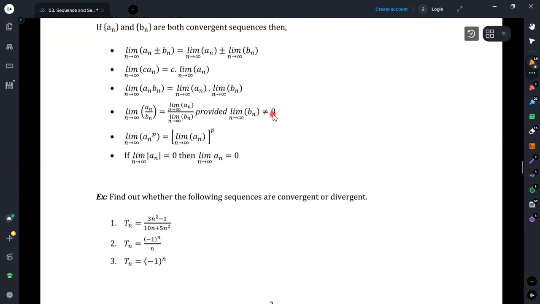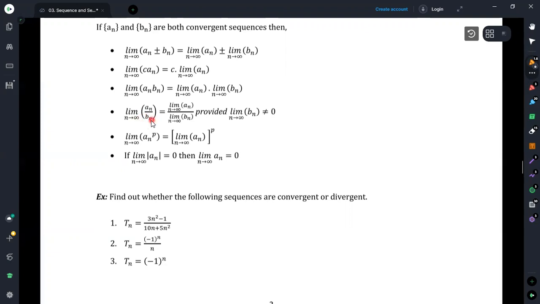If it is equal to 0, the new sequence will not be a convergent sequence, because it will have the value infinity. In that sense, the new sequence will be a divergent sequence. Therefore, if the denominator's limit is not 0, the ratio of two convergent sequences will also be a convergent sequence.